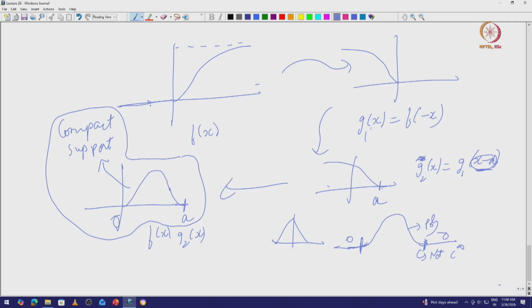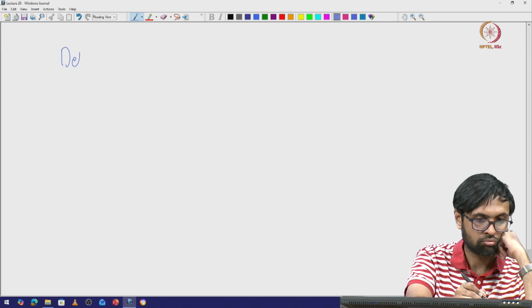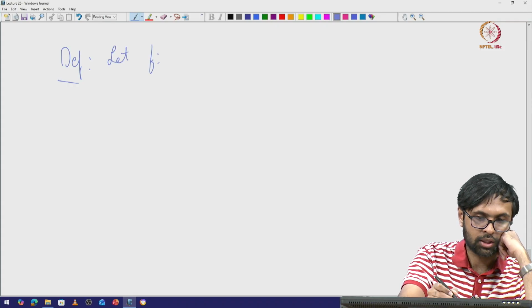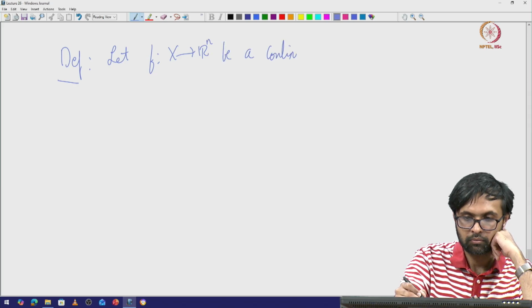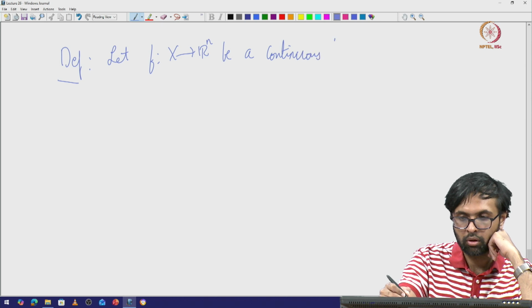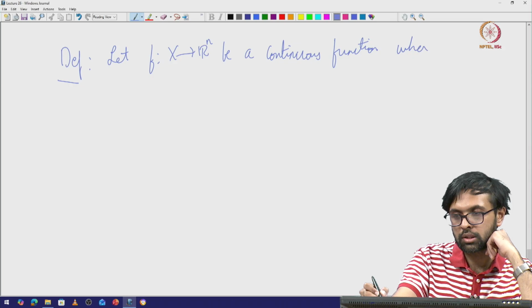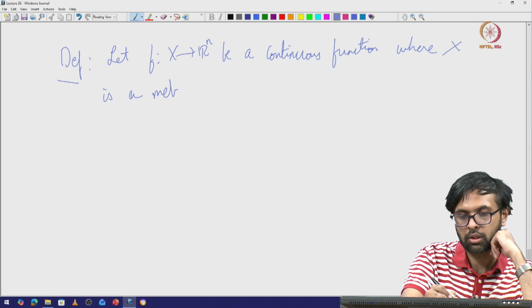So let me make a definition here. We won't use the definition, but it's useful to know the definition just in case. Let f from x to Rn be a continuous function where x is a metric space.